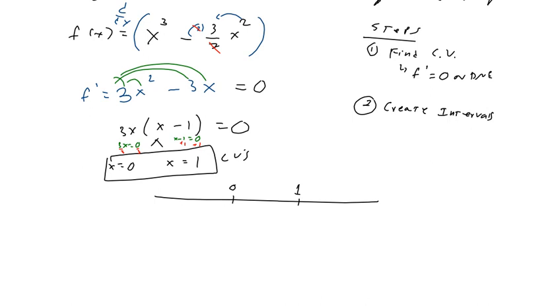So these are my 3 chunks. I have one interval where x is less than 0. I have where x is between 0 and 1, this chunk in here.